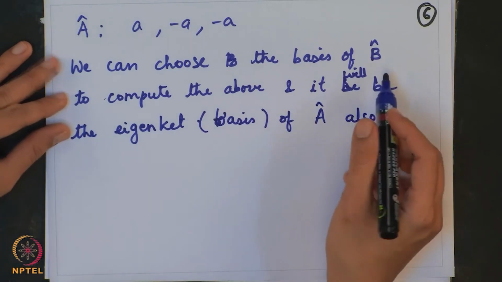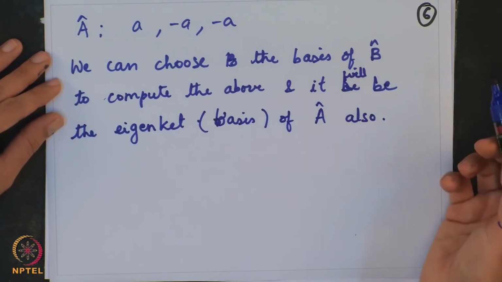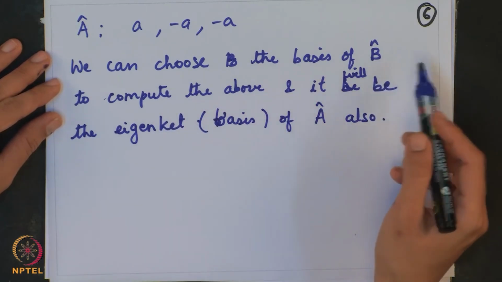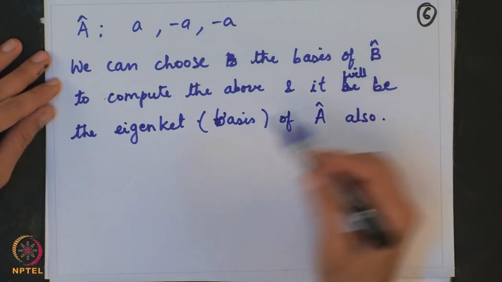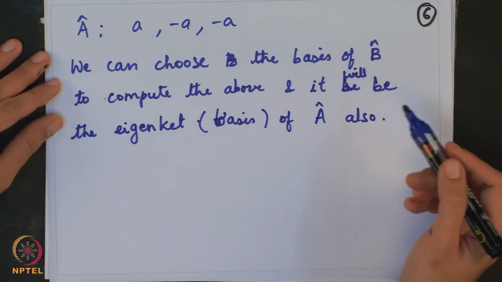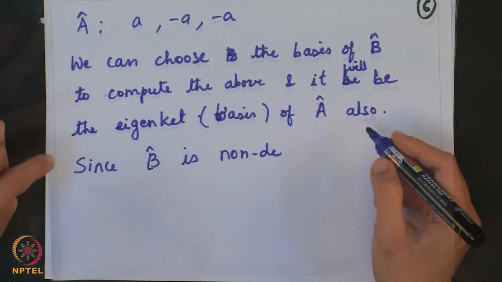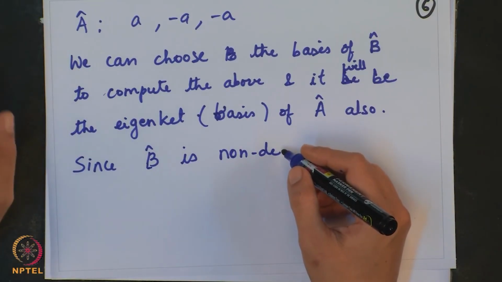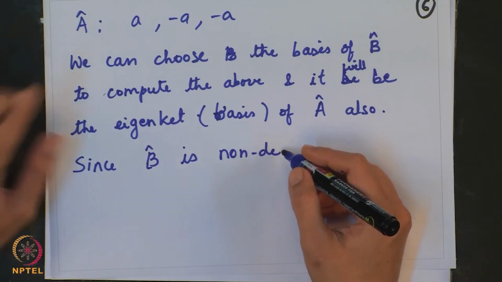Okay, this is possible only when A and B commute. So, if A and B commute and if you choose a basis for B, then automatically it will become a basis for A also. Since B is non-degenerate, it has 3 eigenvalues b, ib and minus ib.